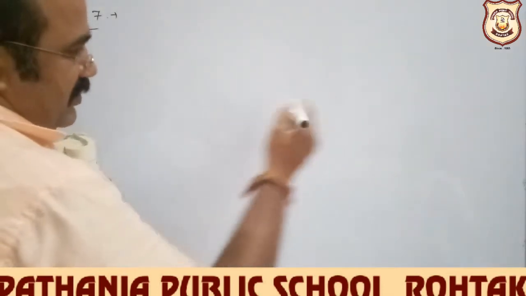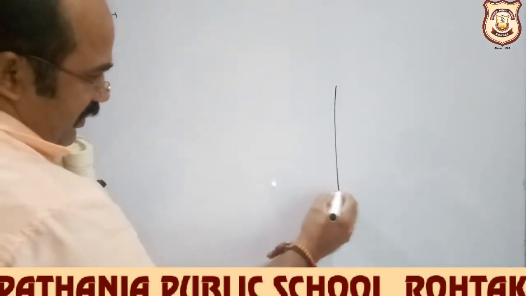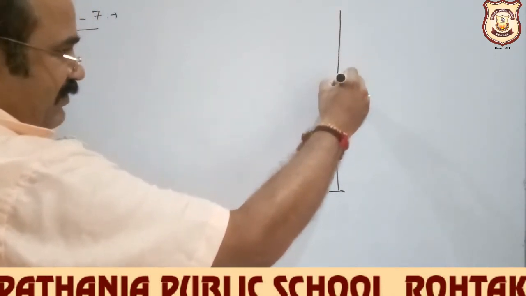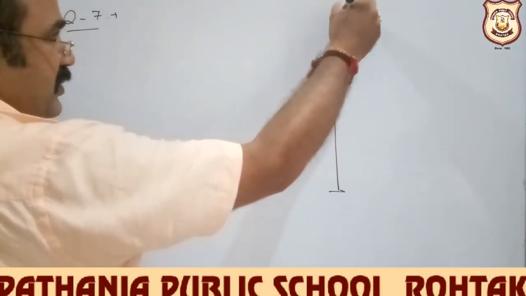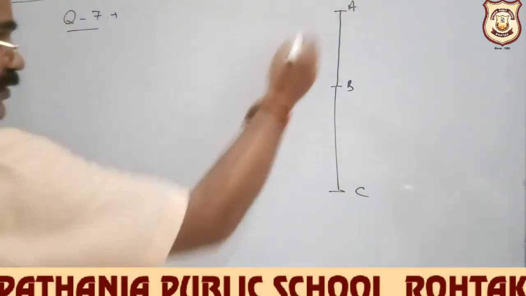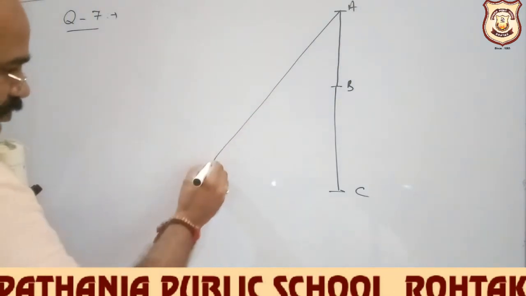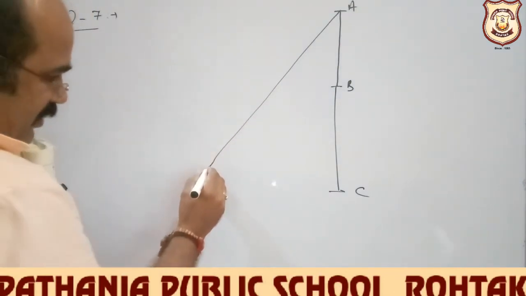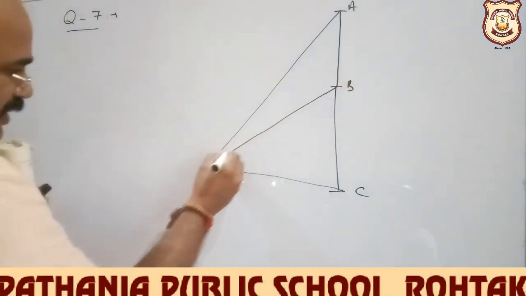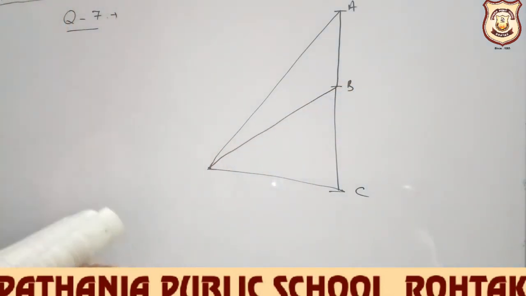See students, this one is a building. On the building, one tower is fixed, A, B, C. So from one point, to the tower top and tower bottom, two angles are made.